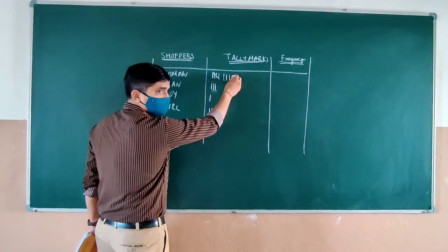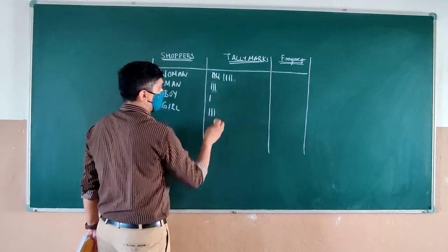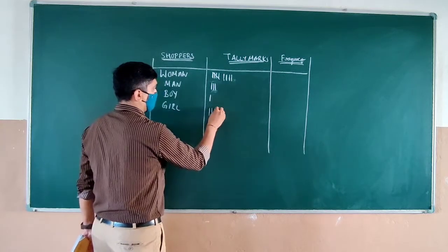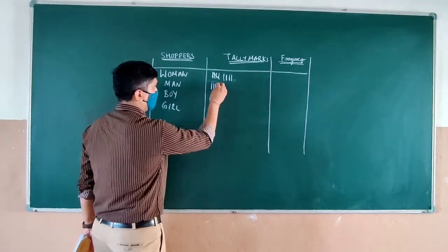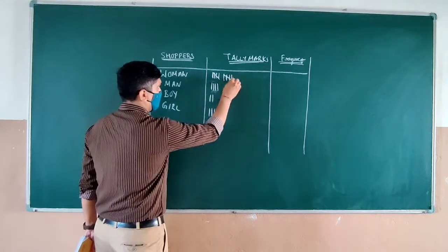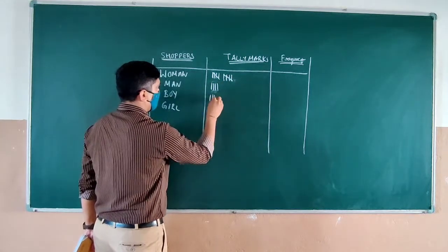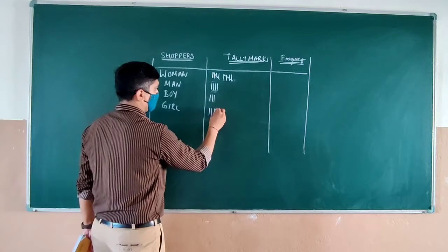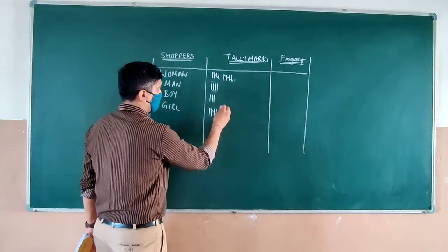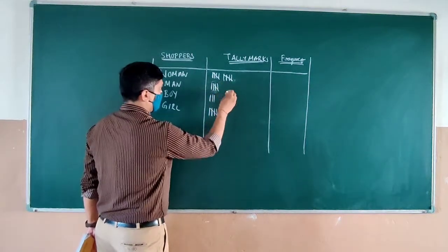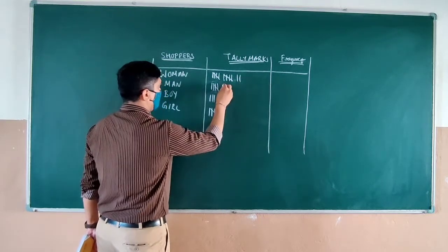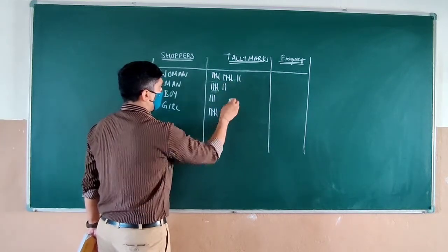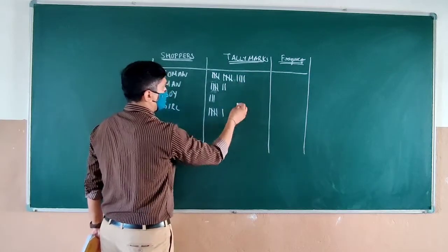Again woman, 4 women, then girl, boy, man, woman, boy, girl, man, woman, 2 times, man, woman, again woman.